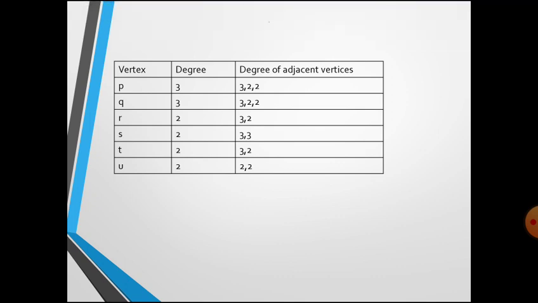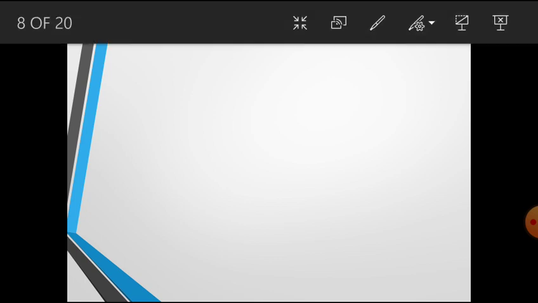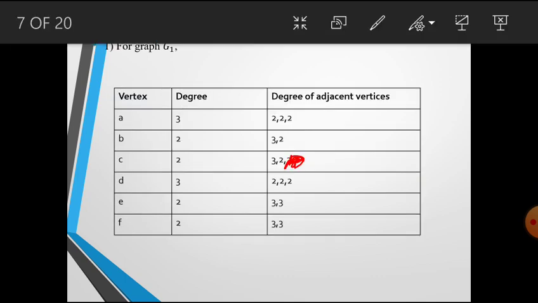Now in the first table, the first vertex is A. What is the degree of A? The degree of A is 3 and its adjacent degree sequence is 2, 2, 2.